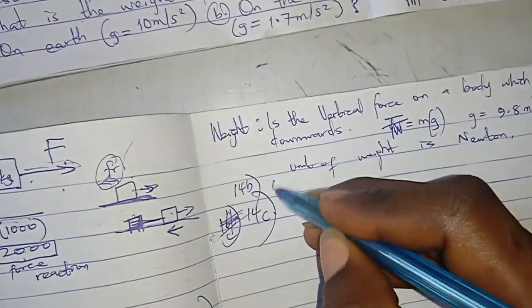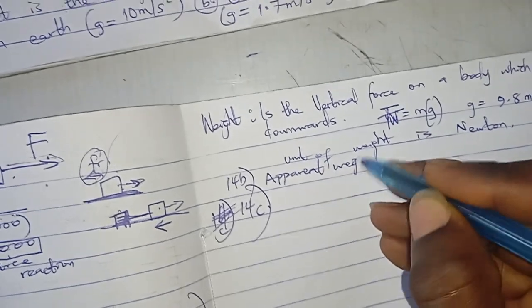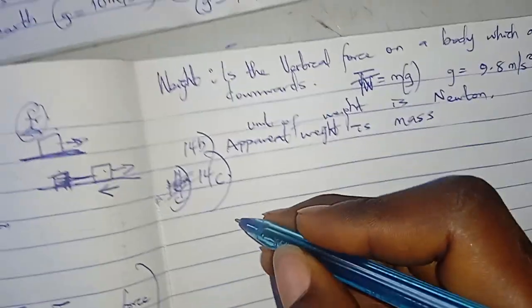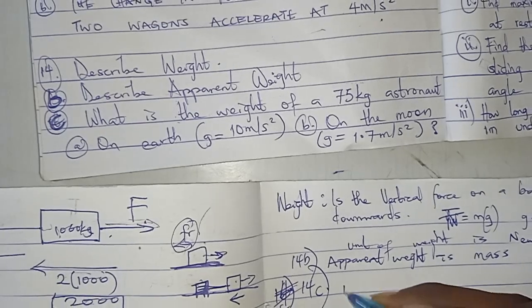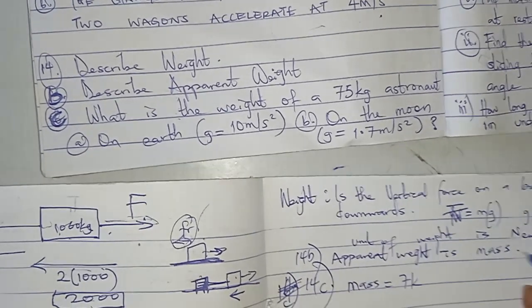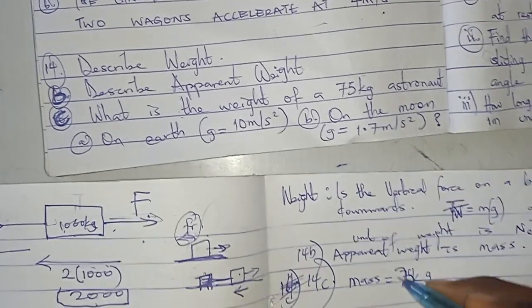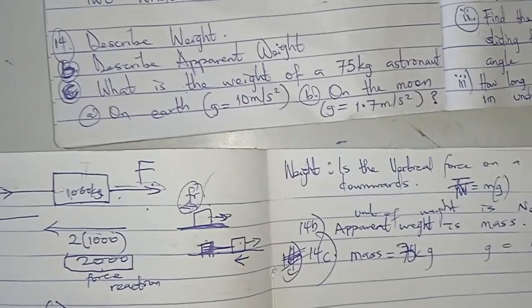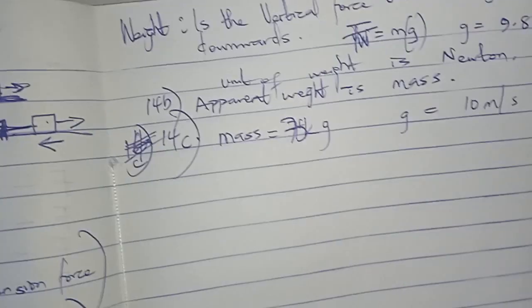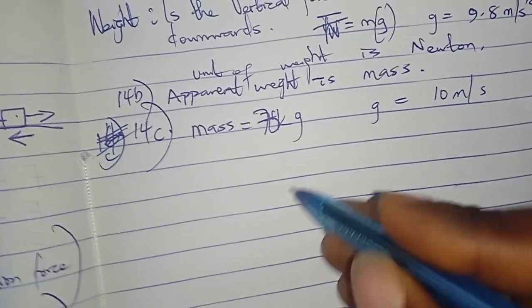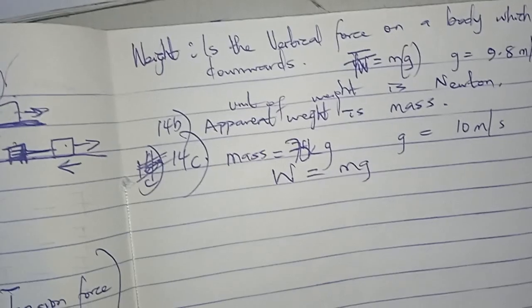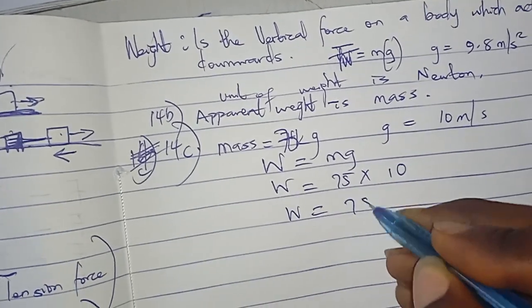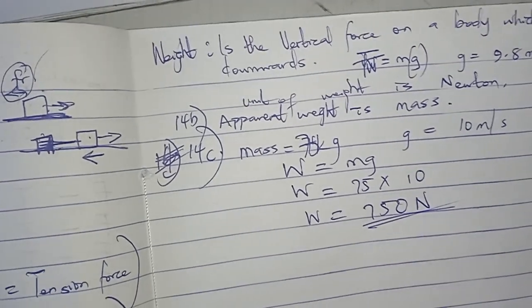Remember I said that 14B is mass. 750 Newton.